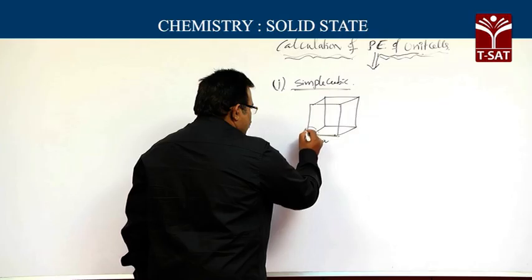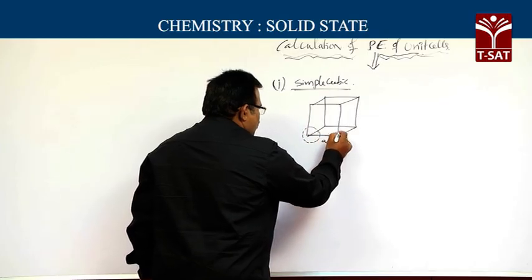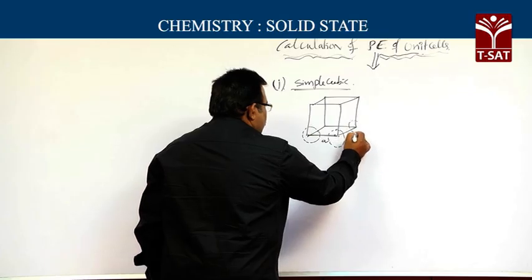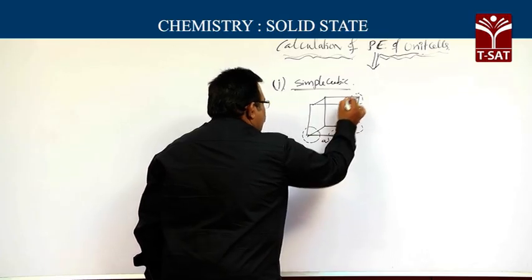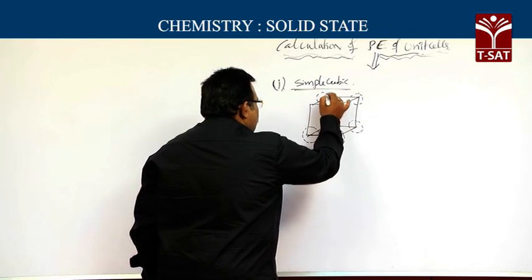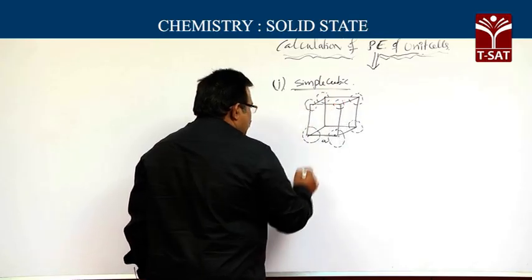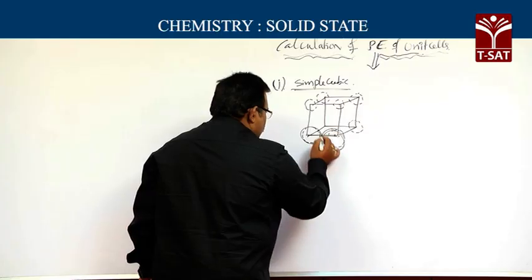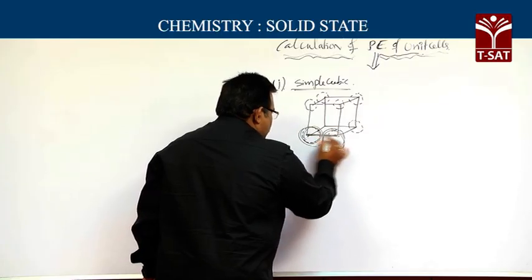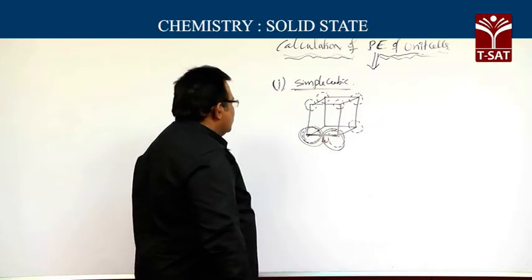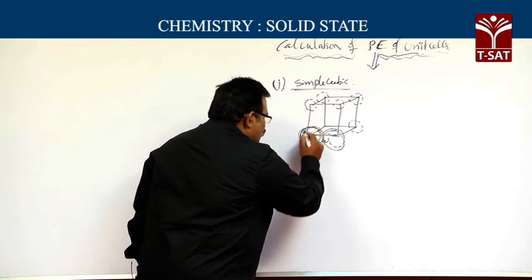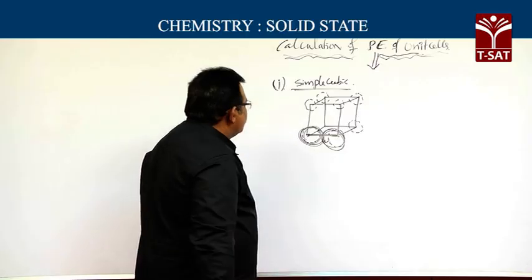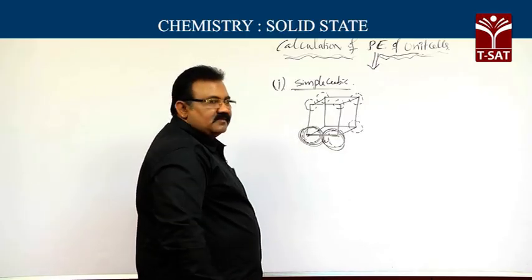Here, at corners only spheres are present. Here these two spheres make an edge. Remember that two spheres make an edge in the simple cubic.